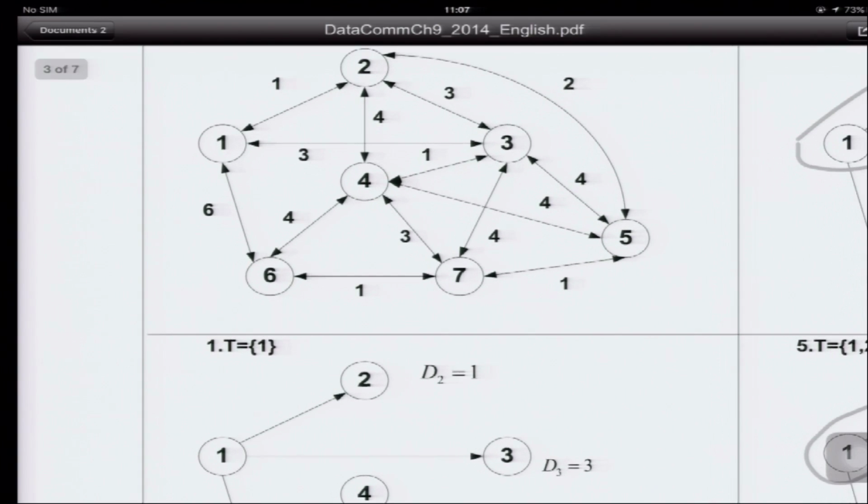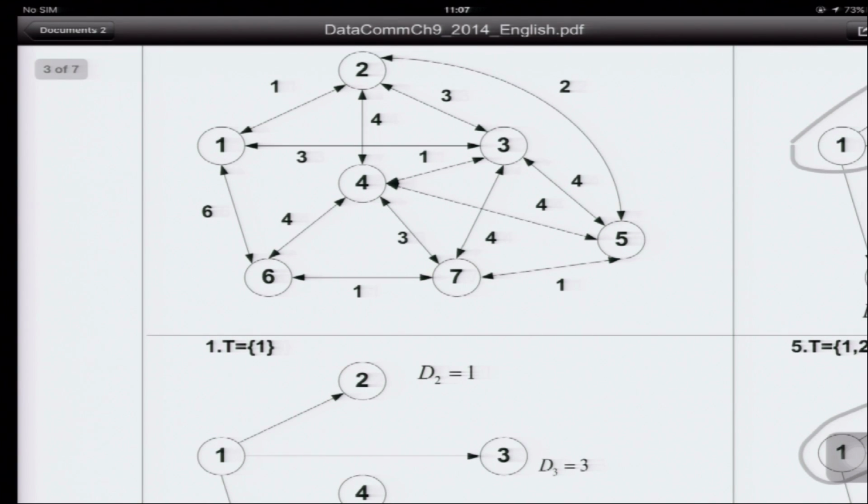In this case, the first step: if you want the source node to be node number 1, and want to find the least cost path from the source node, node number 1, then at first you set T equal to only node number 1.